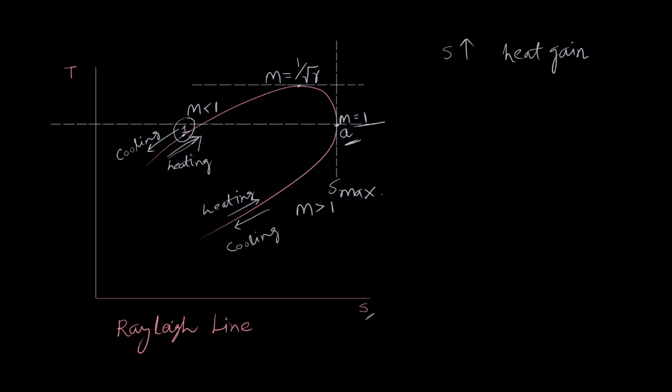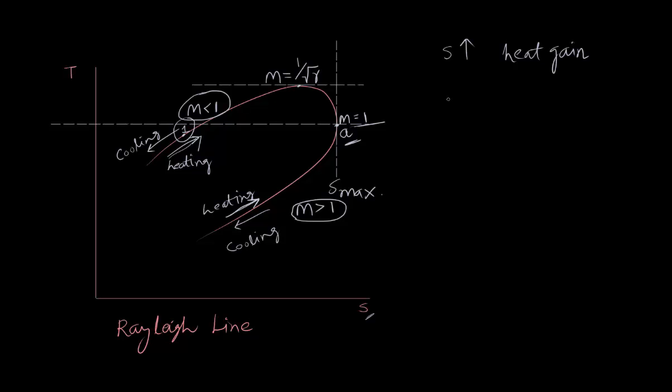The upper arm of the Rayleigh line represents subsonic flow, and the lower arm of the Rayleigh line represents supersonic flow. And you can see that with heat addition, a process proceeds to the right side on the Rayleigh line.